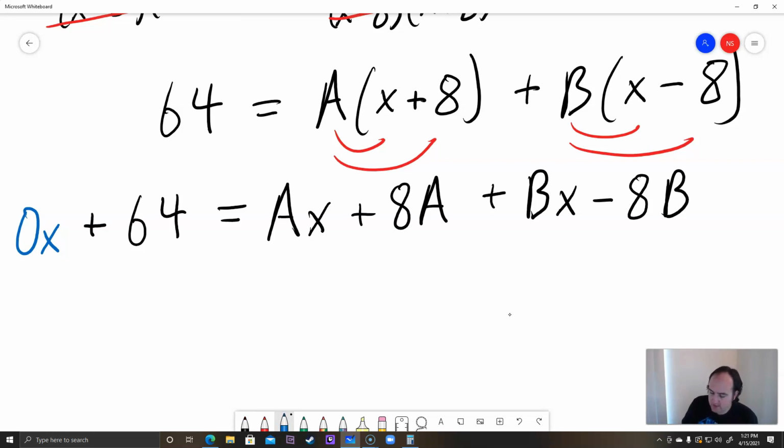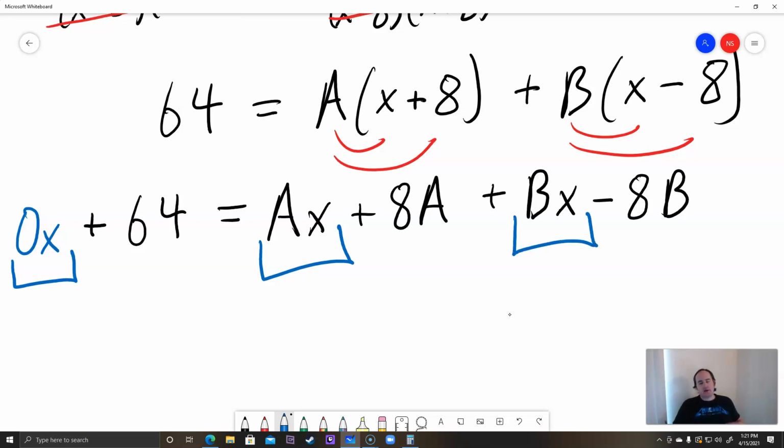So if we equate the powers that are x's, we have 0x equals Ax plus Bx. But you're actually only equating the coefficients, not the x's themselves. That gives us our first equation: 0 equals A plus B. And again, if any of this is going over your head, make sure you watch my other videos on partial fractions. Those are before these.